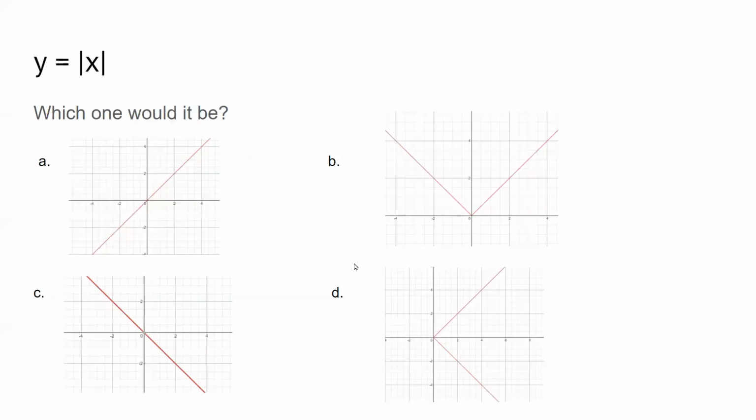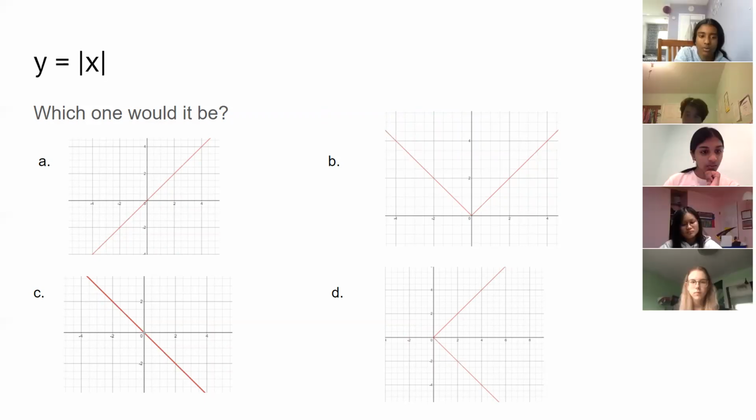So now we're gonna try and guess which one it is because there are many graphs here. And as mentioned above, we can rule out A because A has negative y values. See, this line is just y equals x. See how to the left of 0, the graph has negative y values.